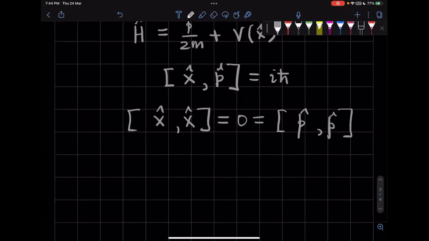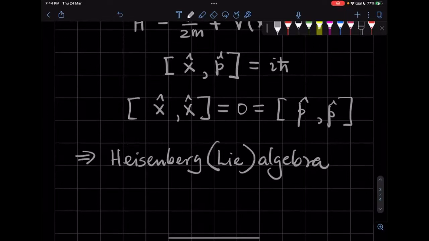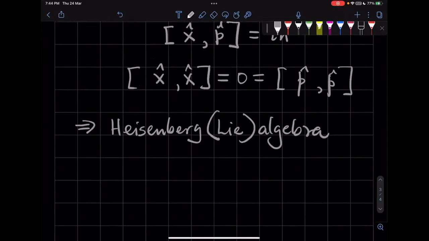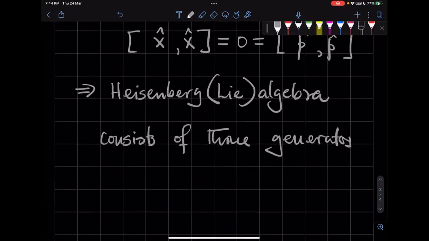So this motivates the definition of the Heisenberg Lie algebra. The Heisenberg algebra, as it is called, consists of 3 generators. What are these 3 generators?